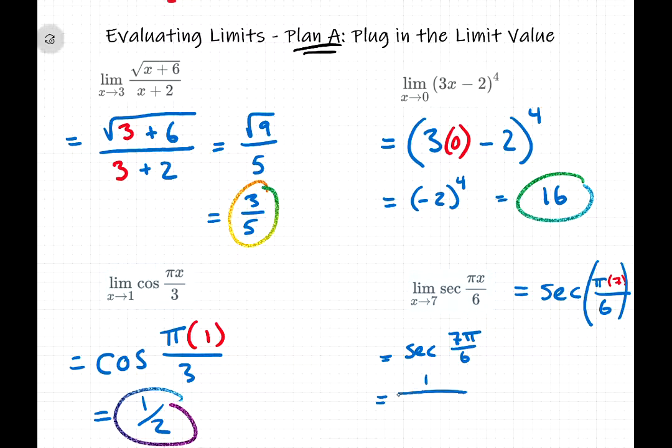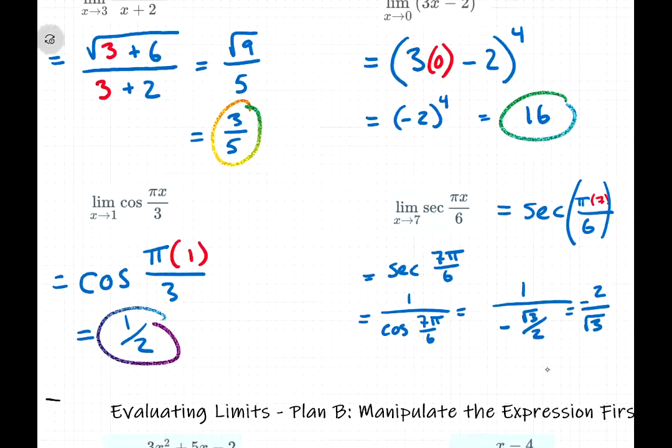This is 1 over the cosine of 7 pi over 6. So 7 pi over 6 is down in quadrant 3. So the cosine of 7 pi over 6 would be negative root 3 over 2, or negative 2 over root 3. Okay, and we probably want to rationalize that denominator. So let's say negative 2 root 3 divided by 3.